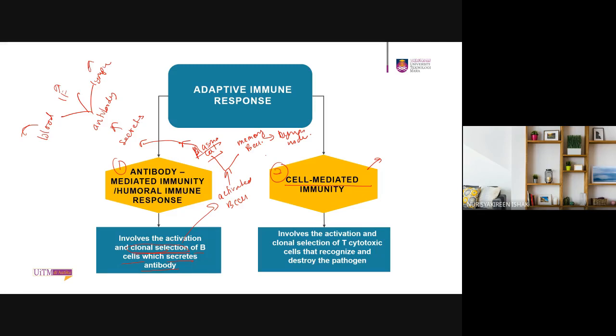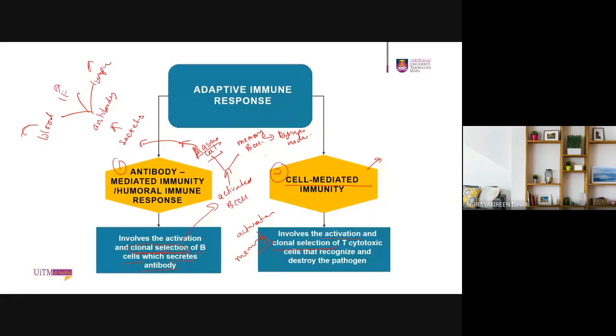As for the cell-mediated immunity, it involves activation and clonal selection. Nampak bila dia cakap activation and clonal selection, mesti menghasilkan activated cell and also memory cell. Memory simpan, activated cell untuk bertindak pada masa infection tu. Memory untuk simpan untuk future infection by the same pathogen.